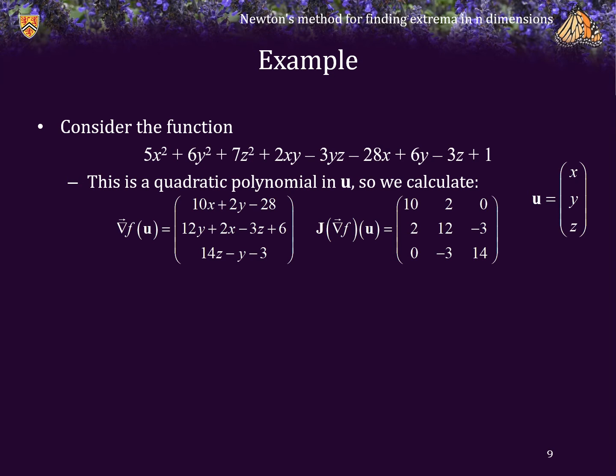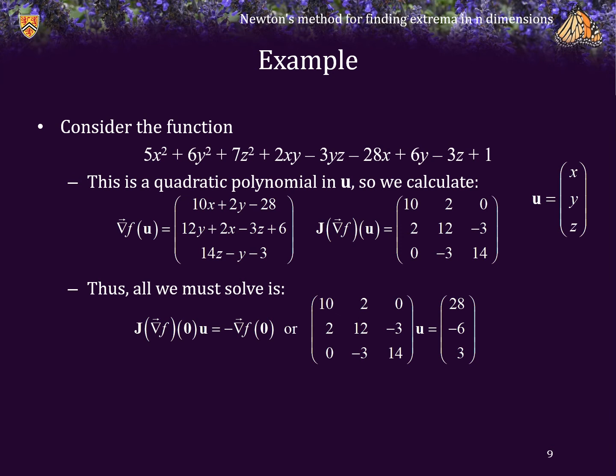So, in the special case that it's a quadratic polynomial in u, we don't even have to apply Newton's method. We simply have to solve a system of linear equations. And the easiest way to get this is to solve for the Jacobian evaluated at 0 equaling the negation of the gradient evaluated at 0, and that gives us that expression there.